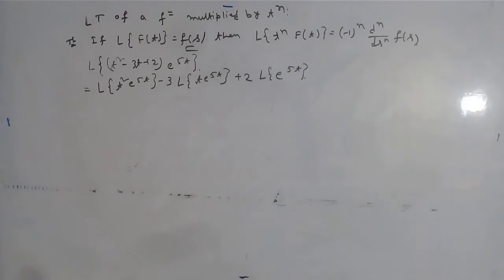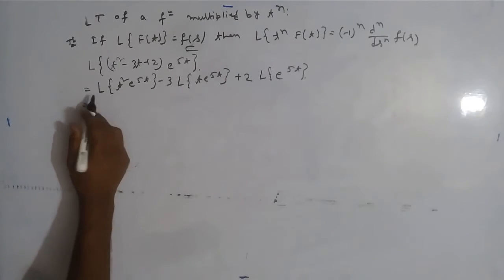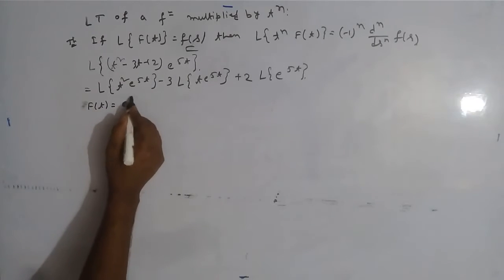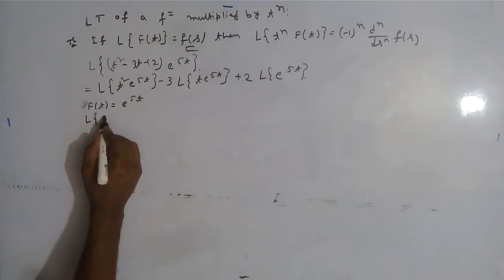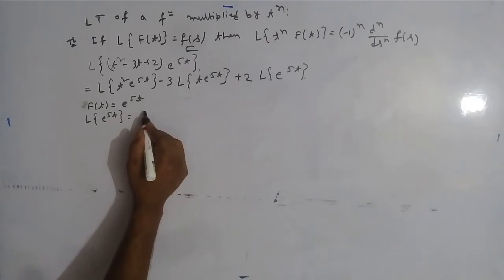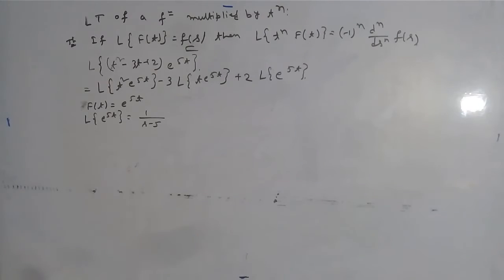Now, if we take f(t) as e to the power 5t, then L of e to the power 5t is 1 by s minus 5.